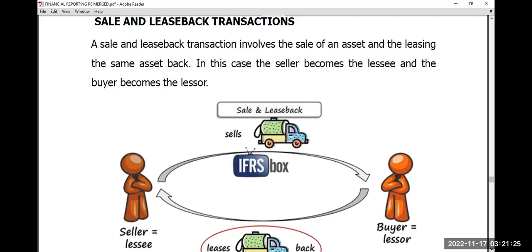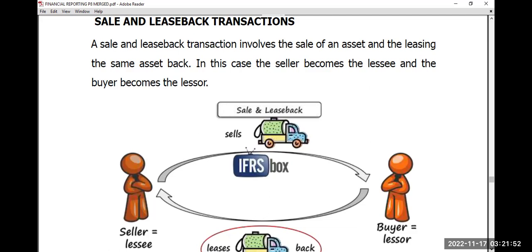So when you have sold and you become a tenant, it means you're going to start paying a lump sum amount of money for a certain period of time. So that's how we look at how some of these transactions happen.